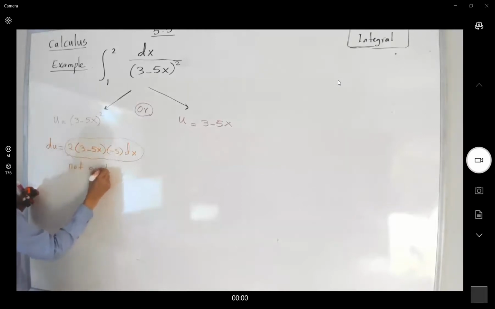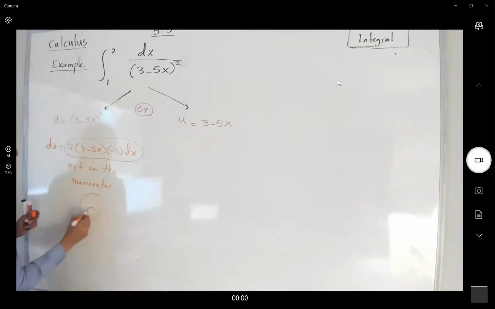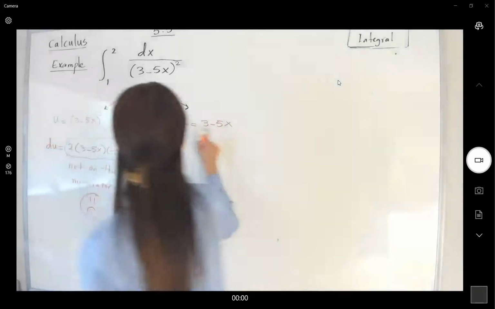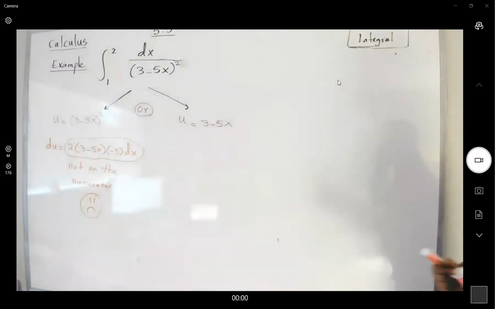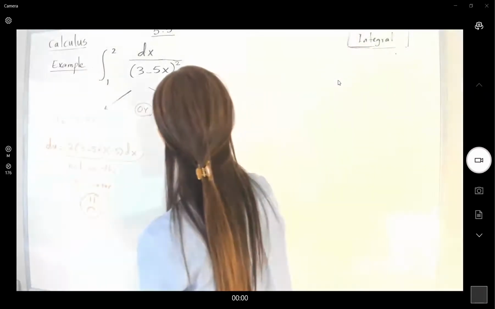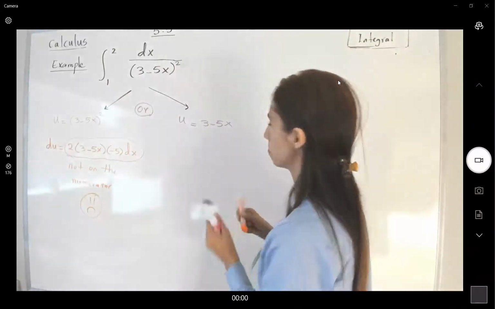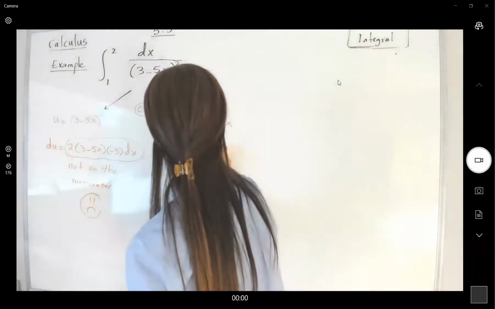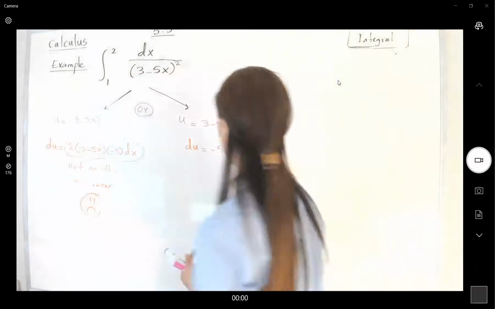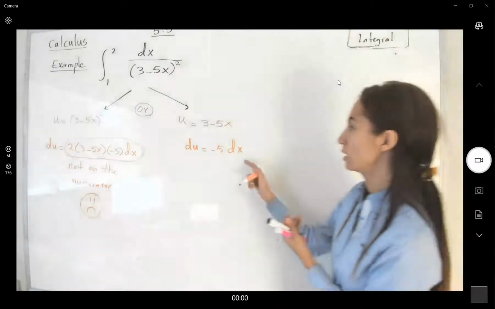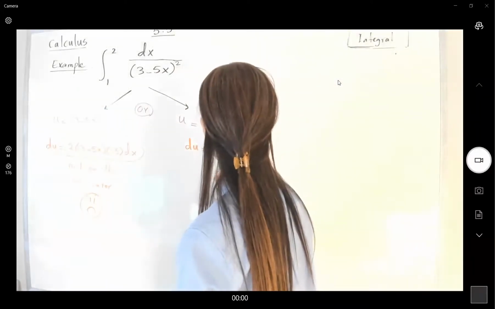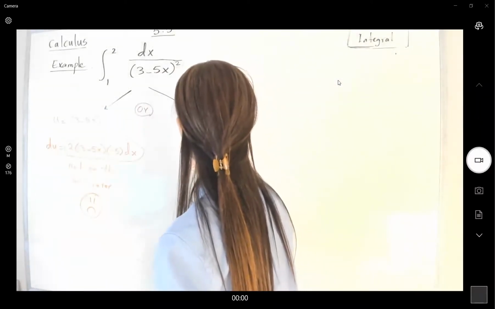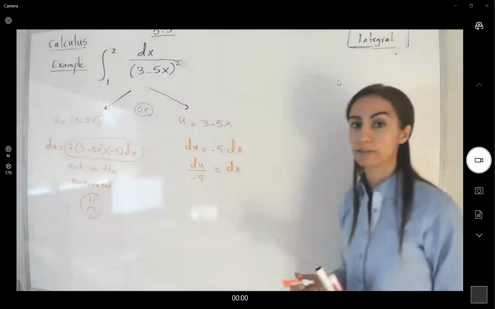Not on the numerator. So this method is not working. If you take u to be 3 minus 5x, then du is equal to minus 5 dx. Minus 5 dx. It's something that we can work with. In this case, dx is equal to du divided by minus 5.